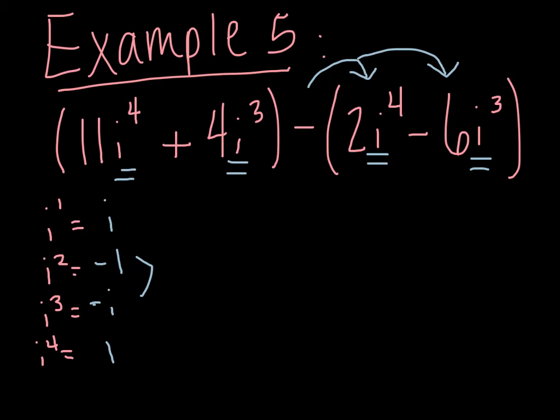So i, -1, -i, 1. Now we're going to use this chart to substitute into our i to the fourth, i to the third, in our problem. So I'm going to erase this chart now to give us a little bit more room.